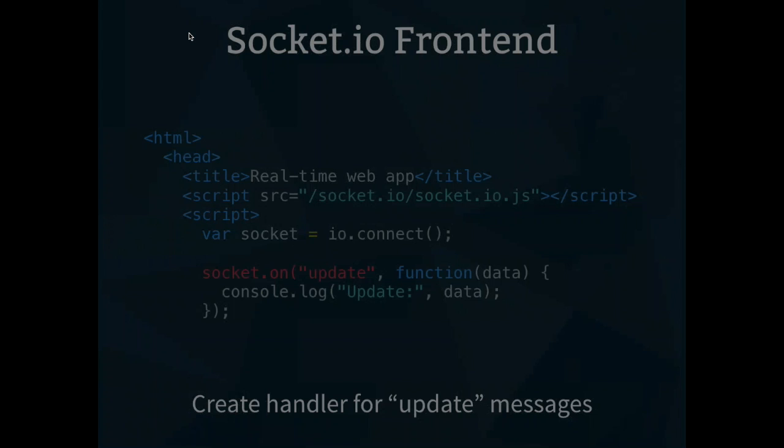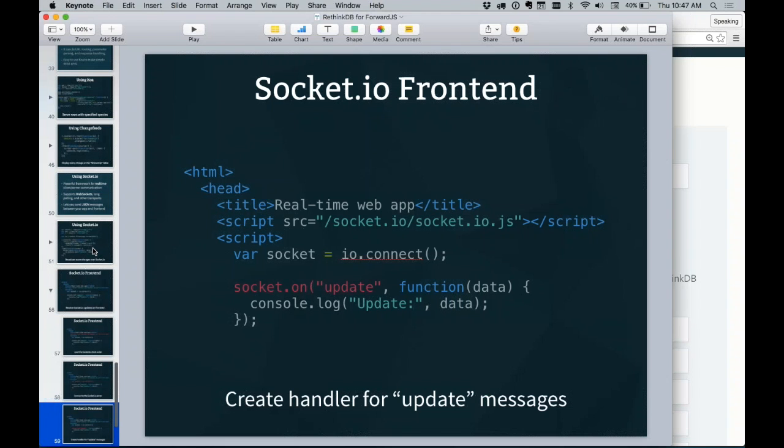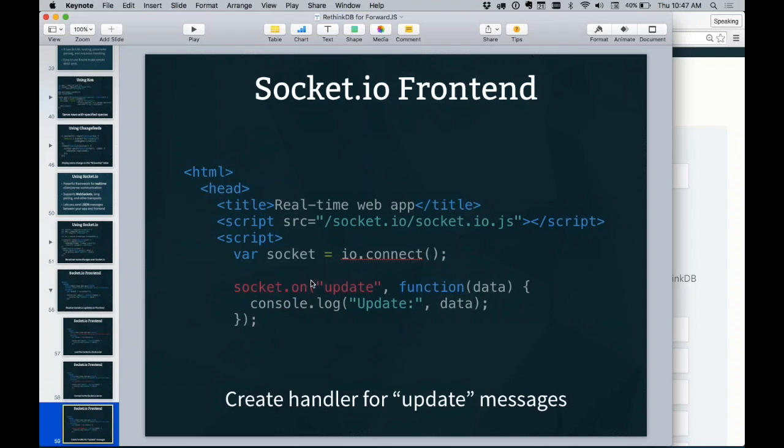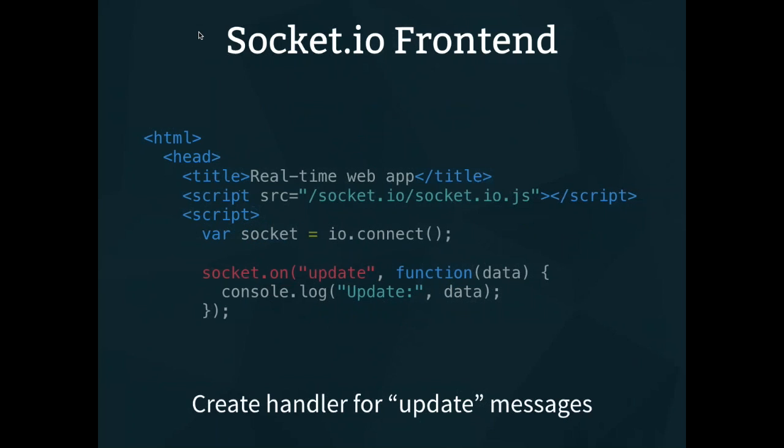So you might have noticed that in our backend code, we have this word update here that's broadcasting on this update channel, and then on the front end, we have the same word update here. So you can actually have different kinds of messages that you broadcast on different named channels, and you can have the client choose which channels it subscribes to and which ones it's monitoring for updates.